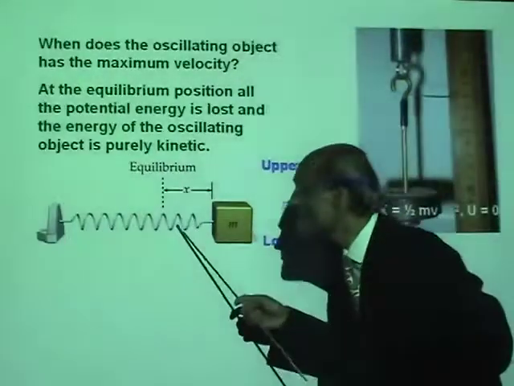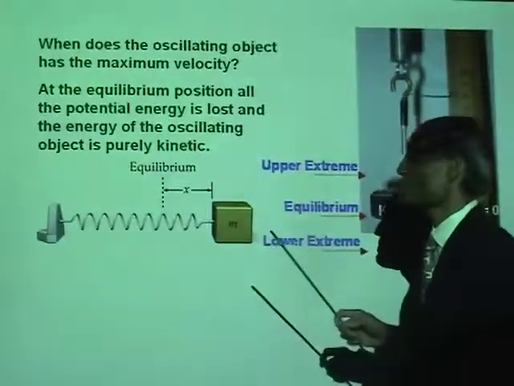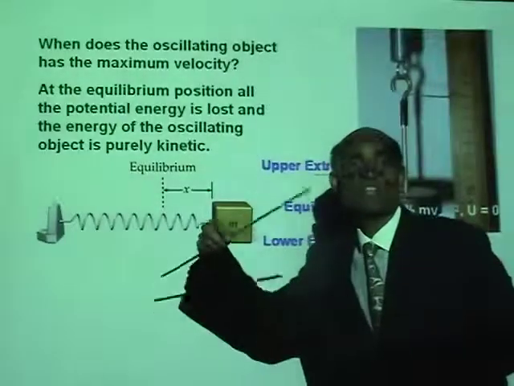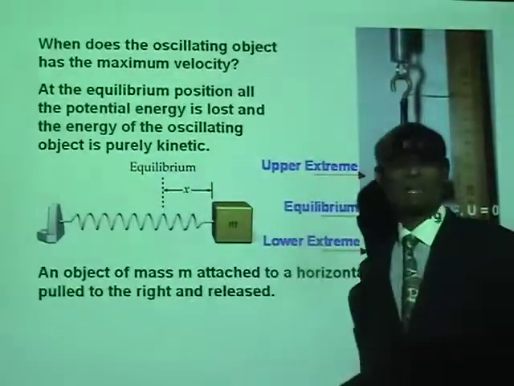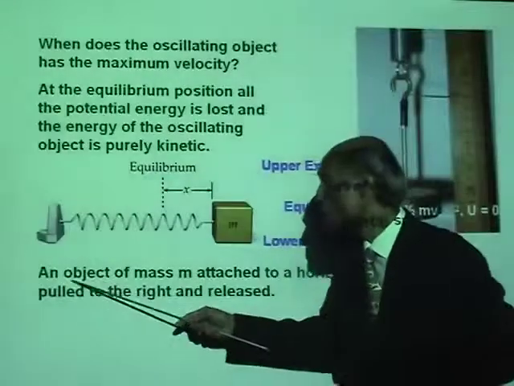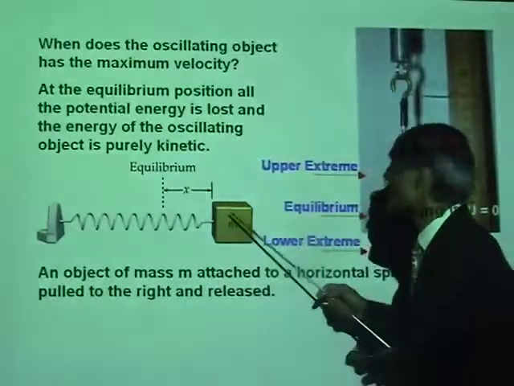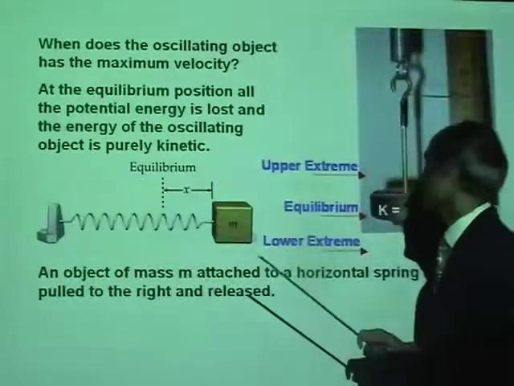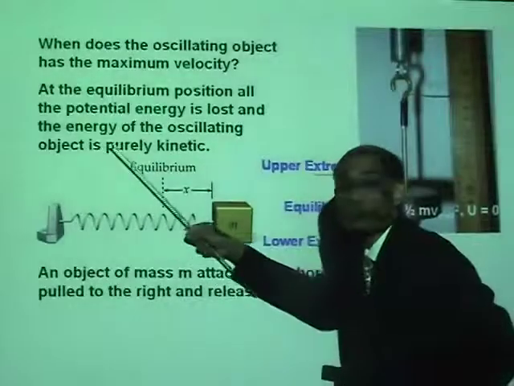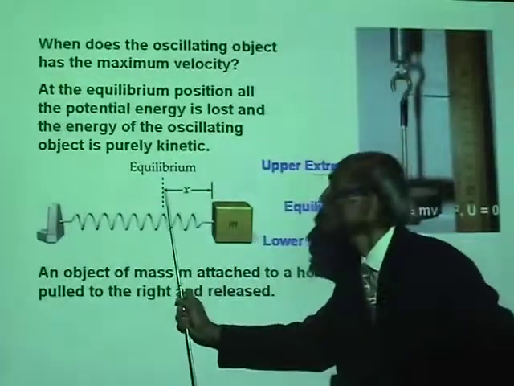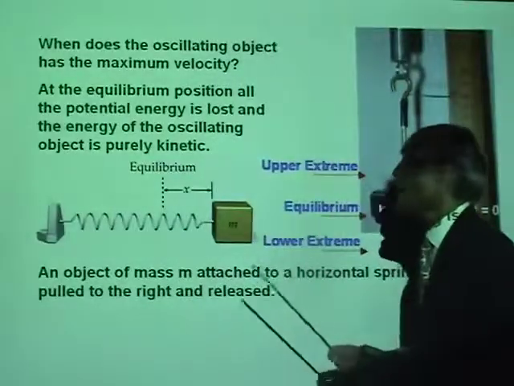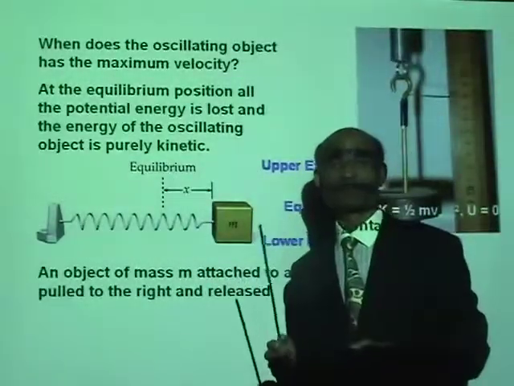Now, let's take the case of the horizontal oscillation and represent the energy changes graphically. An object of mass m is attached to a horizontal spring and is pulled to the right. That means x is the displacement there, and released.